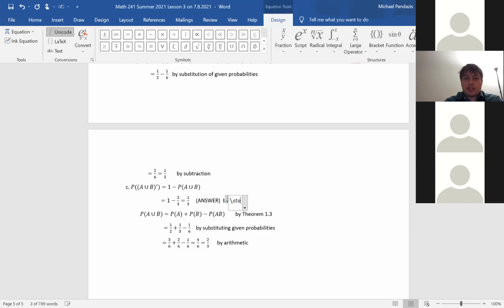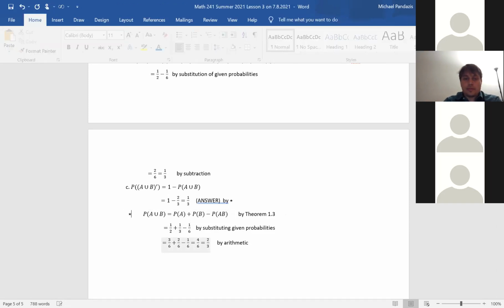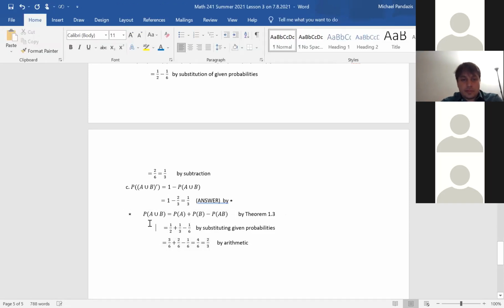This is by star, where this is star. So star is this stuff, and so by star, you substitute P of A union B is 2/3. And so that is part C.